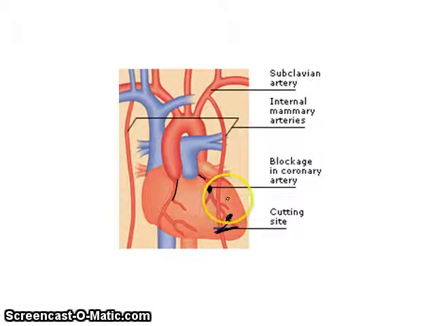In that way, this artery will bypass the blockage and tie into the same artery, just further down, so that the left coronary artery will get blood to it. Then of course here is the right internal mammary artery, and it also can be used as a bypass if needed.